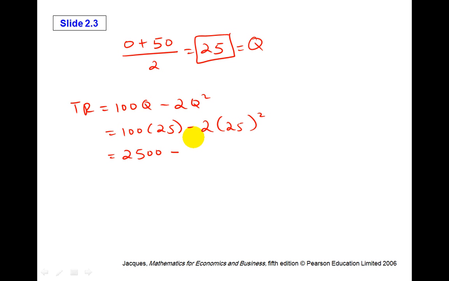When you multiply it by 2, you'll have 1250. If you subtract this one, you'll have also 1250. So this will be your maximum point.